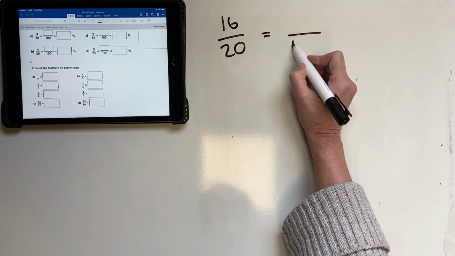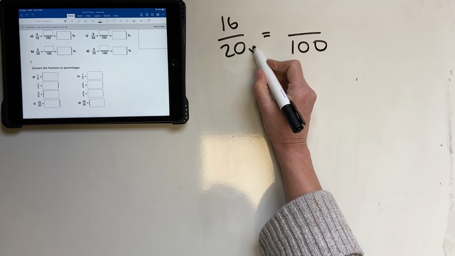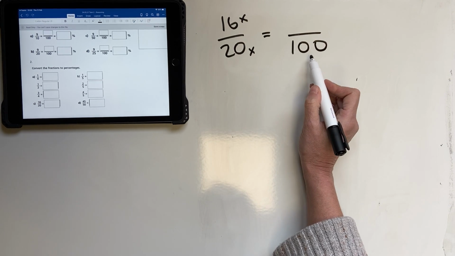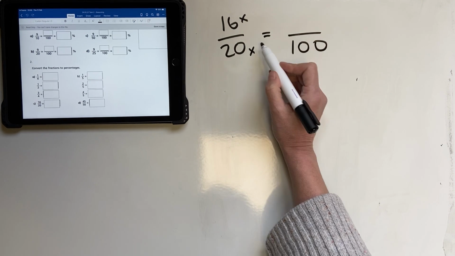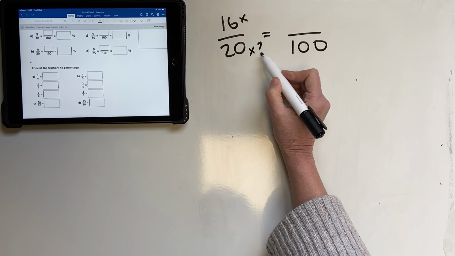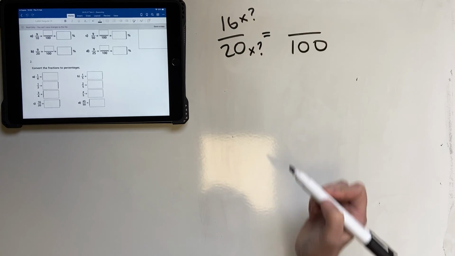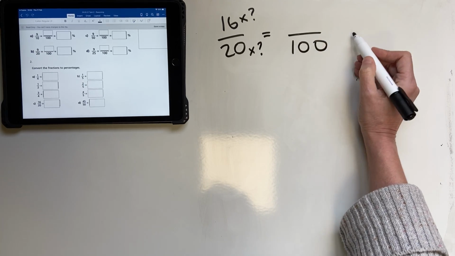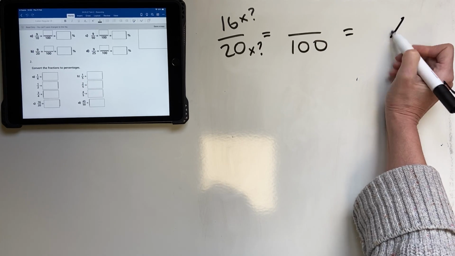What's the equivalent fraction in hundredths? So remember, whatever you do to the denominator, you have to do to the numerator. So how many 20s are there in 100? So tell me what you multiply the denominator by, tell me what you multiply the numerator by, the same. Once you find out the equivalent fraction in hundredths, you can then tell me what the percentage is.